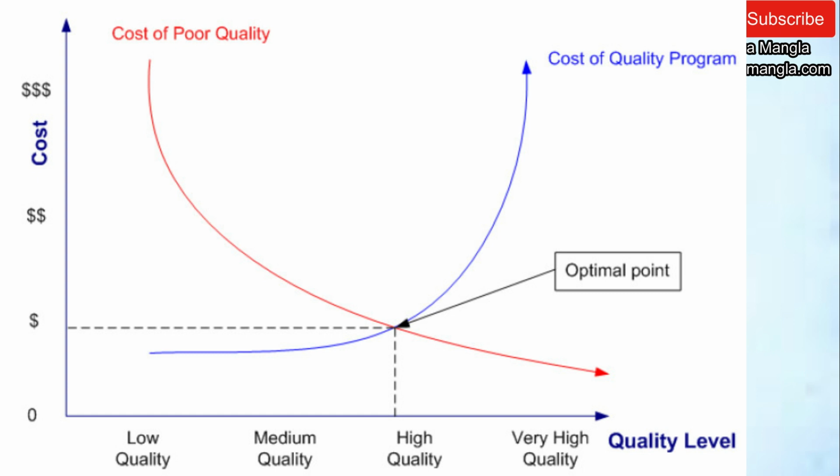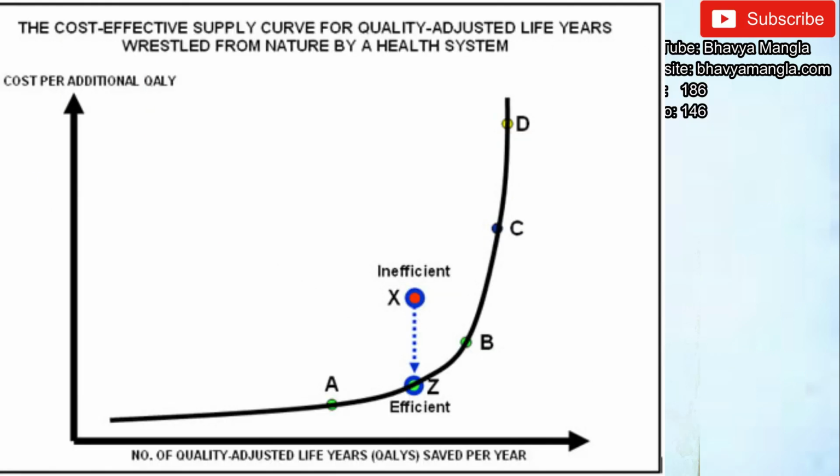And something similar is with respect to our routine life, wherein again you can see another graph where we are talking about the cost that a company or maybe a country is incurring, and with respect to the quality of life. If we go up to Z, that is the most optimum level. If we are giving more, say X, we are inefficient because we are spending more money, but it is not adding to that value.